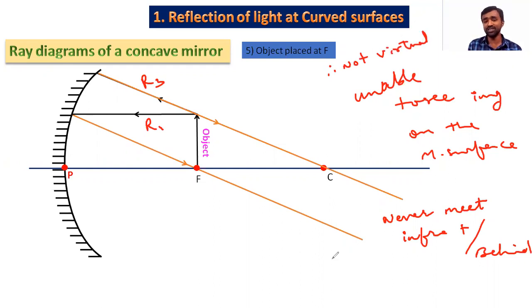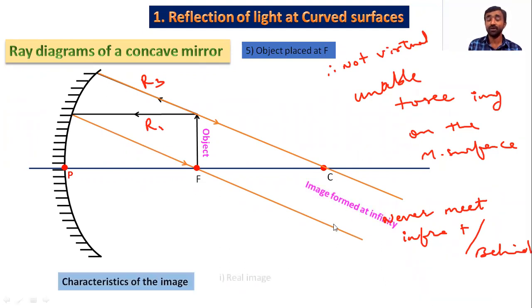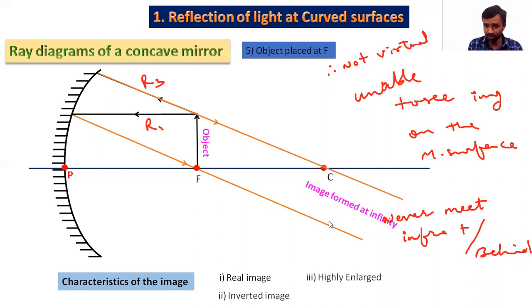Maybe the image is a real image, right? So for the image characteristics, we can write that it is a real image. And the type of image is inverted, real image always inverted. And the size of the image is highly enlarged. Then the position of the image is infinity. Nobody can see that. So these are the characteristics of the image.